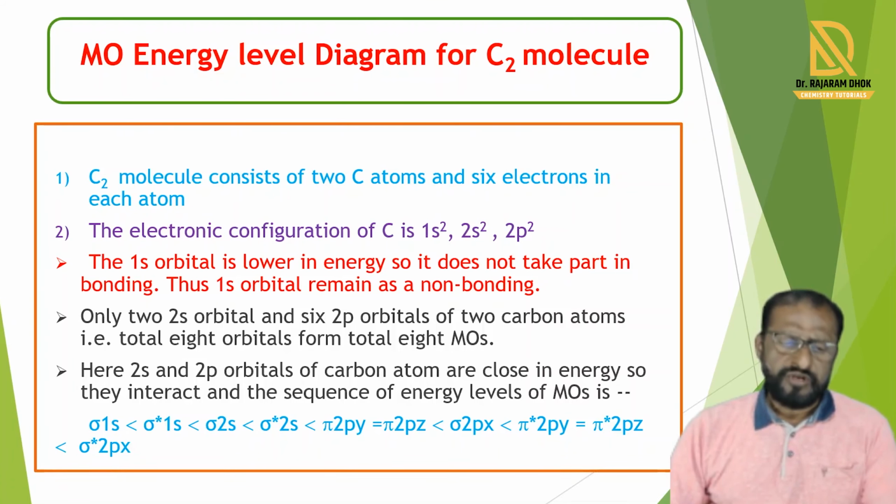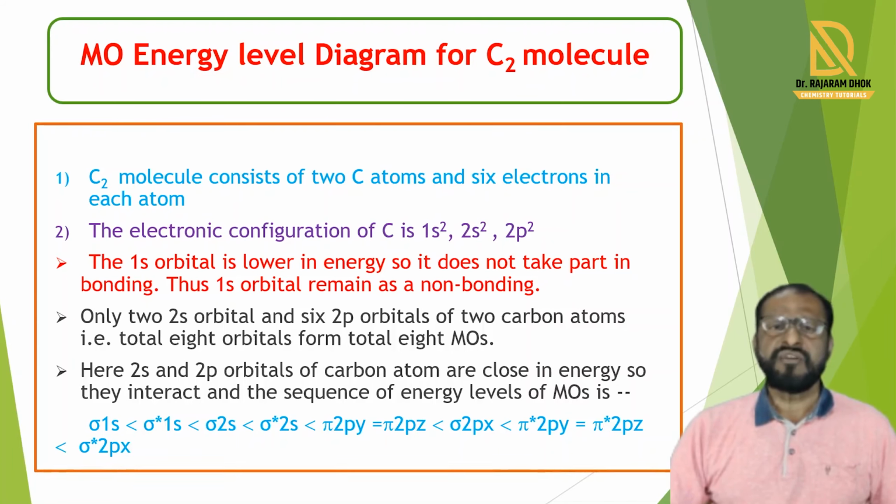In this molecule, 2s and 2p orbitals of carbon atom are close in energy. So the first carbon atom's 2s orbital and the second carbon atom's 2px atomic orbital interact with each other, and the first atom's 2s atomic orbital and the second atom's 2px atomic orbital combine and form sigma 2px molecular orbital.